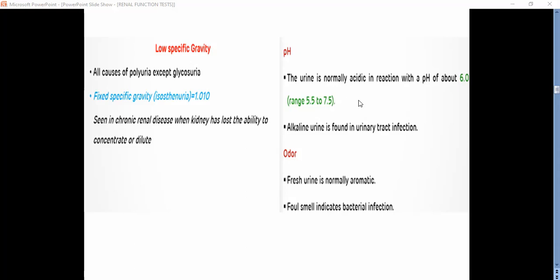If there is any infection and microbial growth takes place, then you will get alkaline urine. Next, odor. Fresh urine is normally aromatic, and a foul smell indicates bacterial infection. If urine has a foul smell, it indicates that your kidney or urinary tract system is infected.